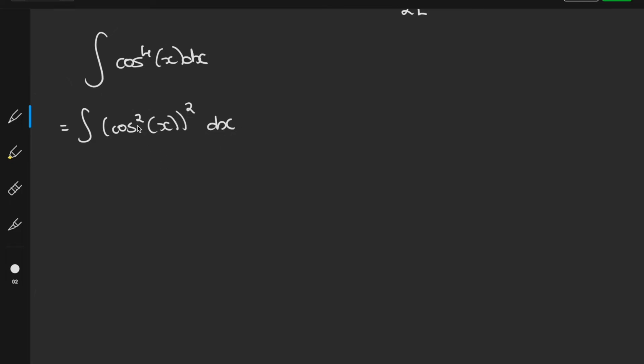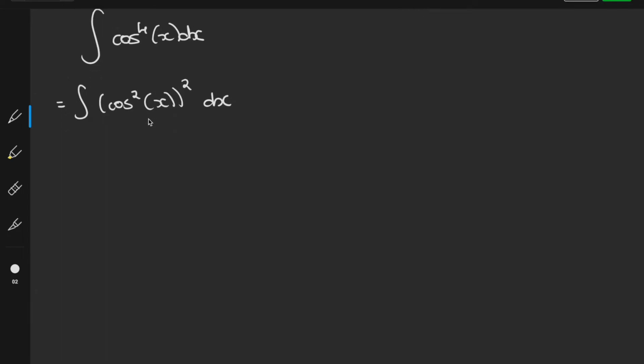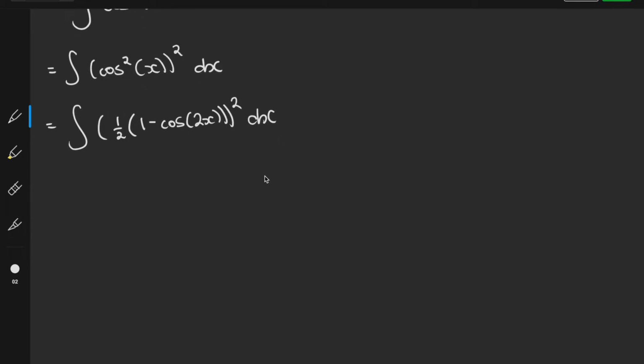Those powers will multiply and then it'll become cosine to the 4 of x. And then from before, the inside of this integral is going to be 1/2 times 1 plus the cosine of 2x, all squared, and then dx.